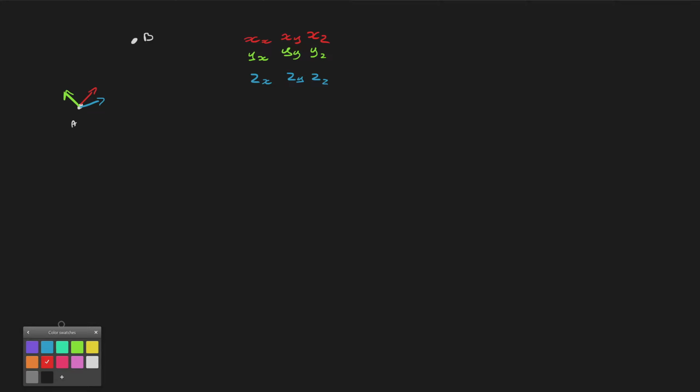Then the second thing that's encoded in there is the scale. If we had a vector x that would be of length 2, then that would just mean that our transform would be scaled twice on its own x-axis, right? This vector right here would have a length of 2.